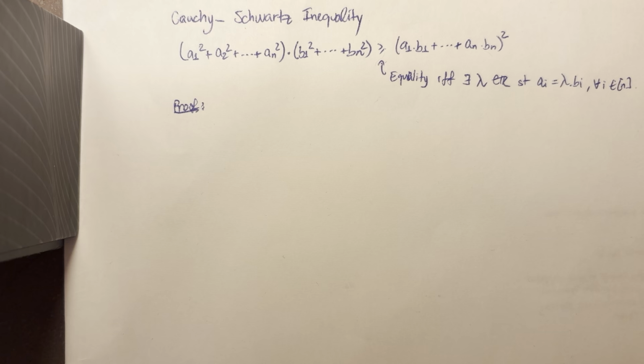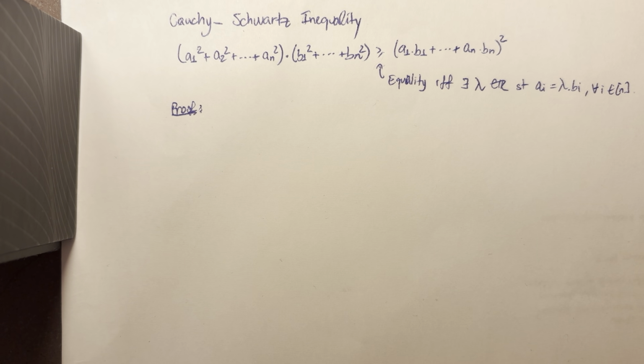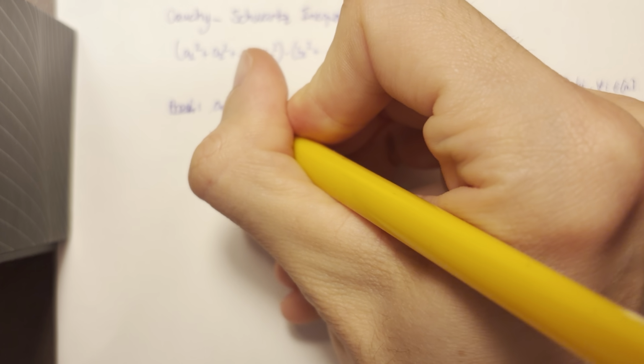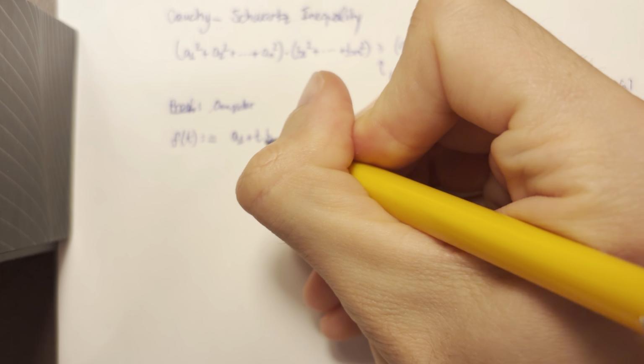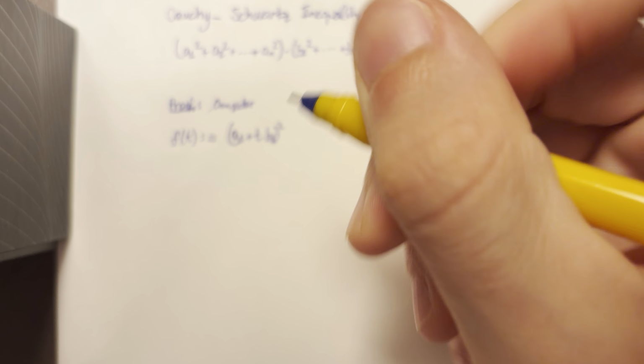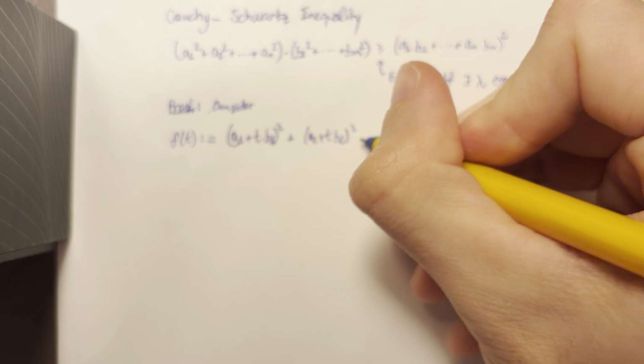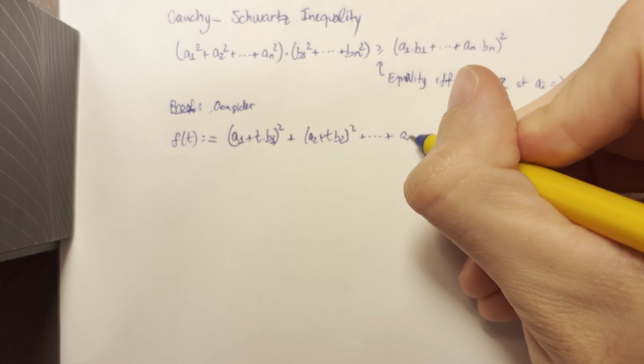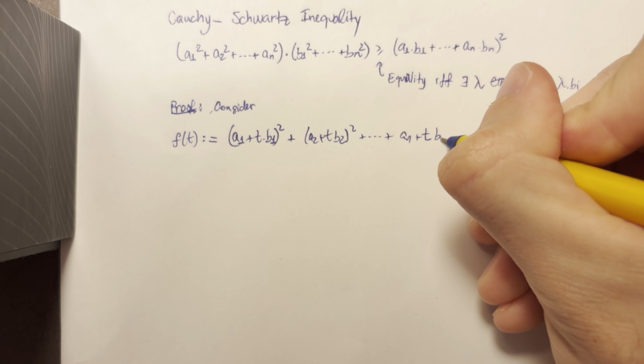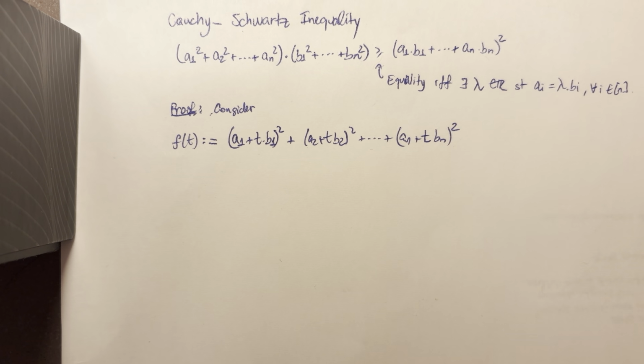It comes from building a convenient function that will have a_i's and b_i's as parameters. So consider the function f of t, which equals (a1 + t b1) squared plus (a2 + t b2) squared, etc., plus (an + t bn) squared.